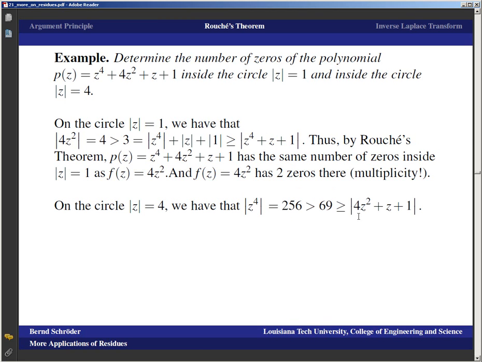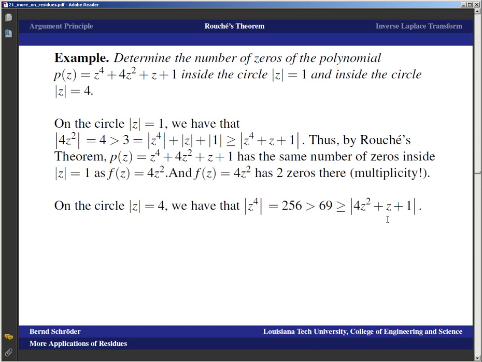And 69 is greater than 4z squared plus z plus 1, because, let's see, 4z squared plus z plus 1 is smaller or equal than 4z squared, absolute value, which is at most 4 times 4 times 4, which is 64, plus another 4, adds up to 68, plus 1, which would be 69.